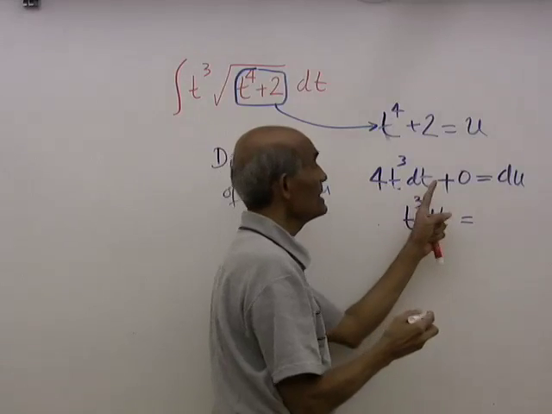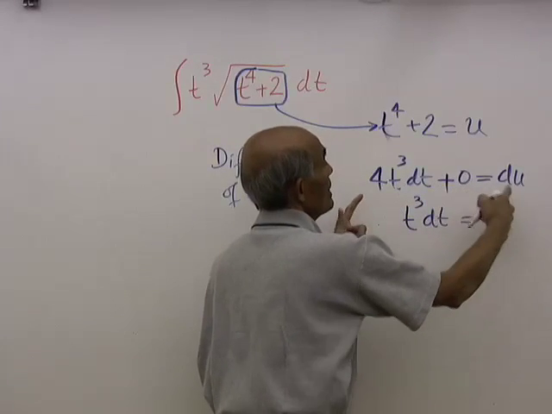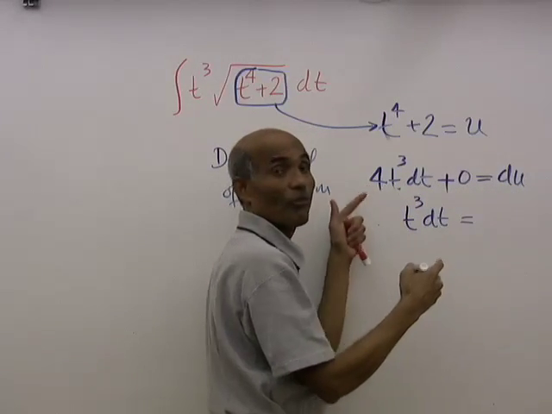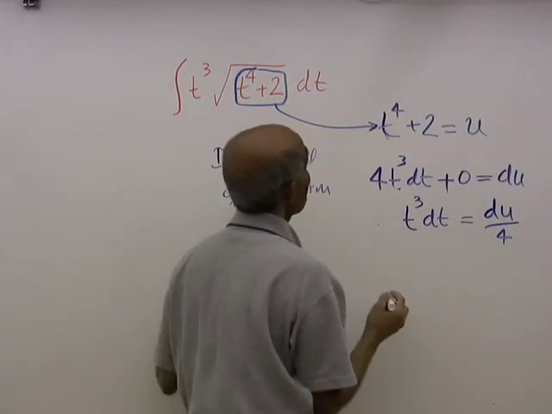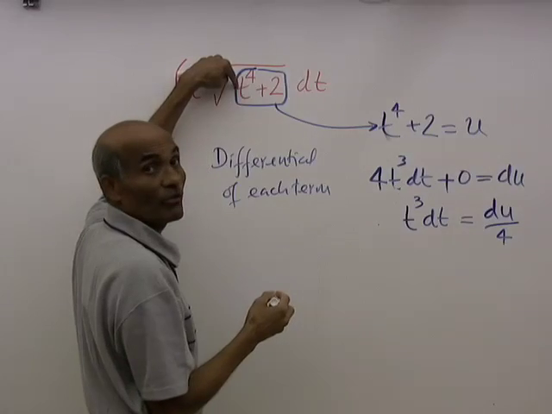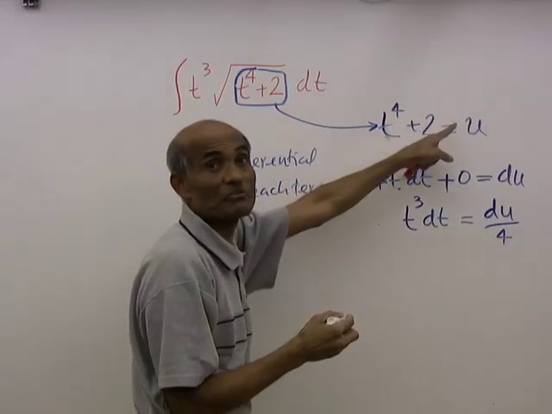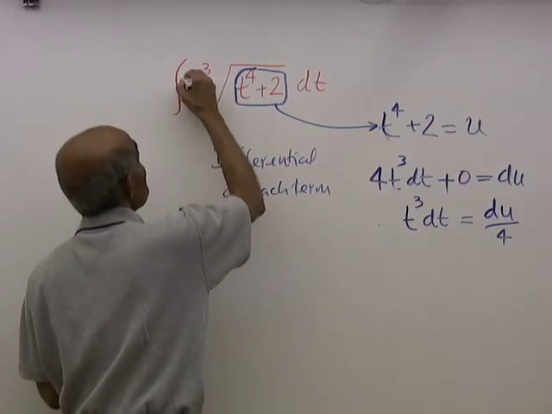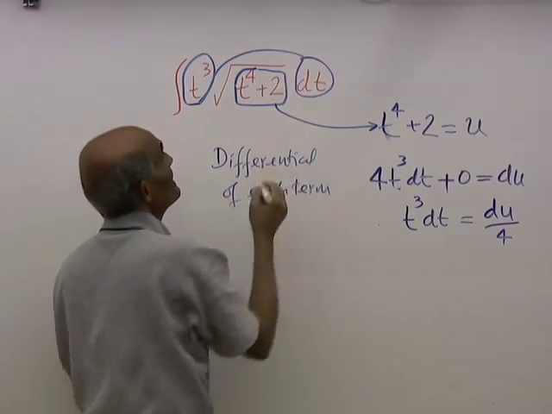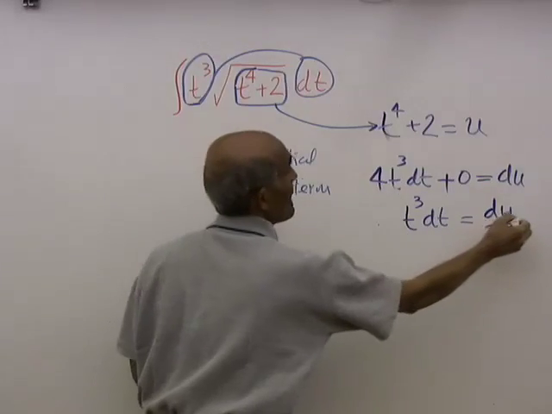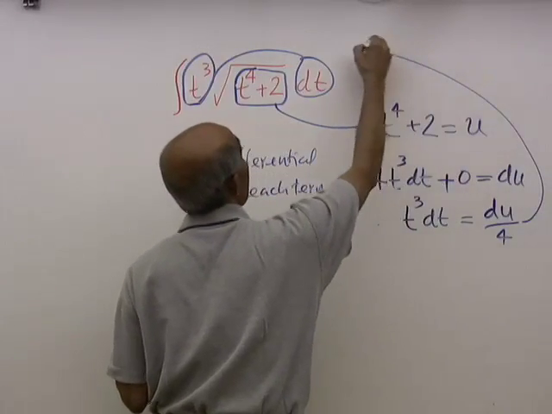T cubed dt is, if this is 0, it will be du divided by 4. That means when t to the power of 4 plus 2 is replaced by u, this t cubed times dt will be replaced by du over 4.